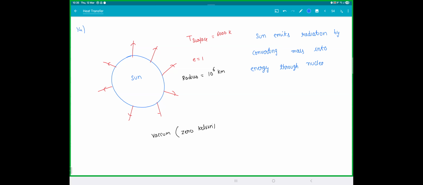Fusion, not fission. Currently, all the reactors we have in the world are fission reactors. We break uranium. So this is something else. So E is equal to mc square. So this is called energy mass equivalence. So the question is, find the mass lost by the sun per second.